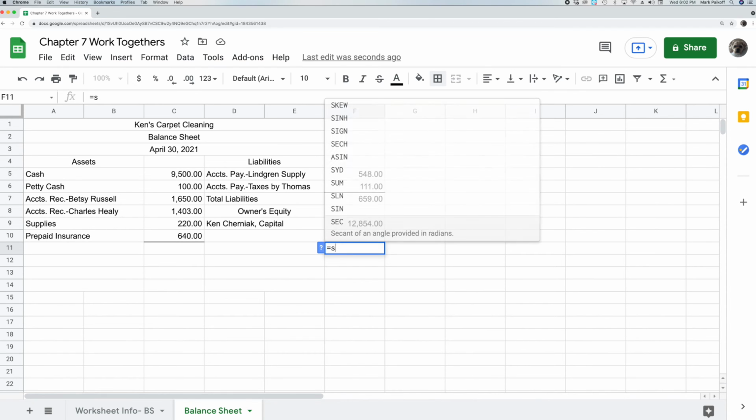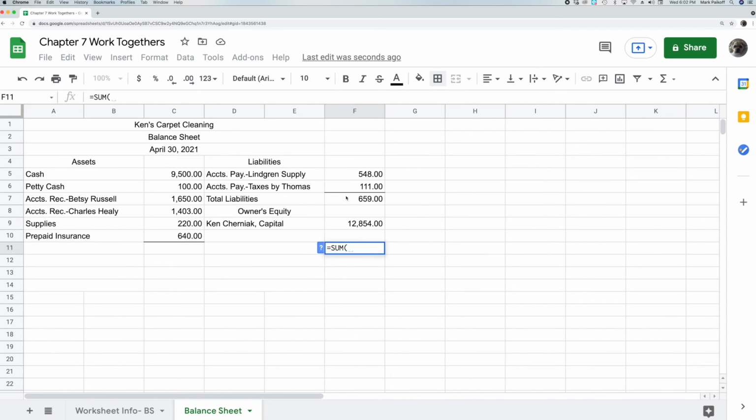So we're going to type in equals sum, take 659, add that to 12,854, and that will give us 13,513. And we're going to identify this as total liabilities and owner's equity.